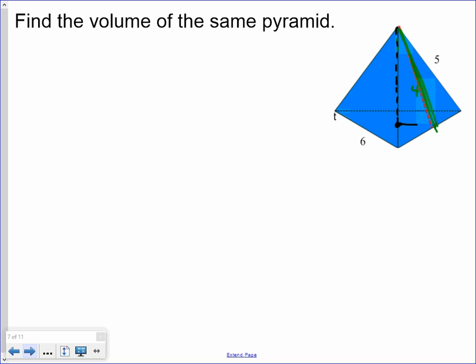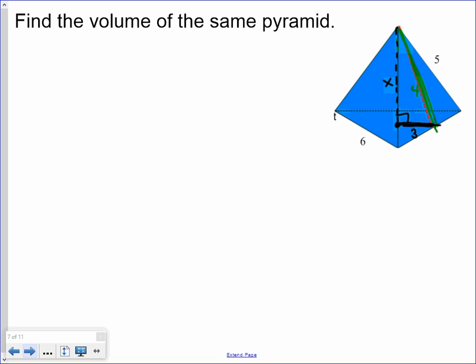So I'm going to create my little right triangle in here. This was half of the side length, so half of 6 was 3. And then I'm looking for the normal height using Pythagorean theorem. So now we're looking at like a 3D right triangle inside. This is 4. This is what I'm looking for, and then 3 is across the bottom.